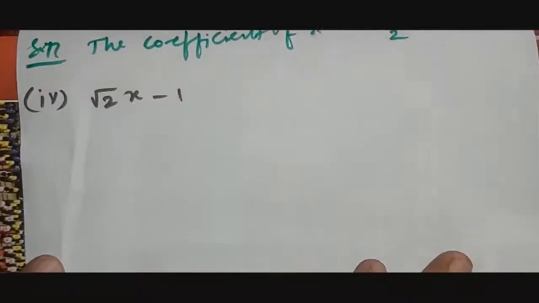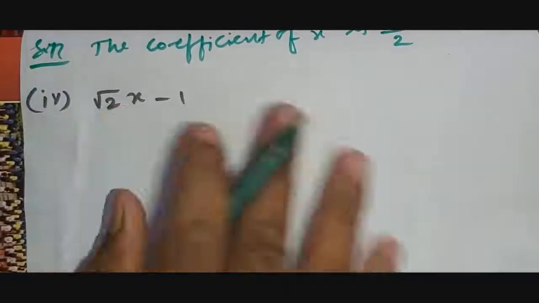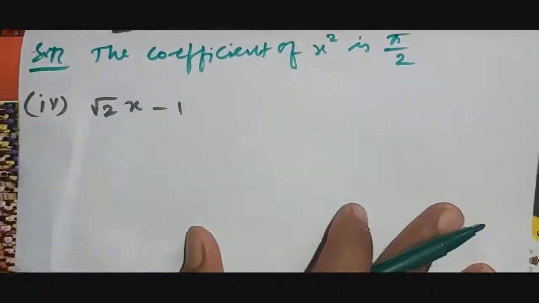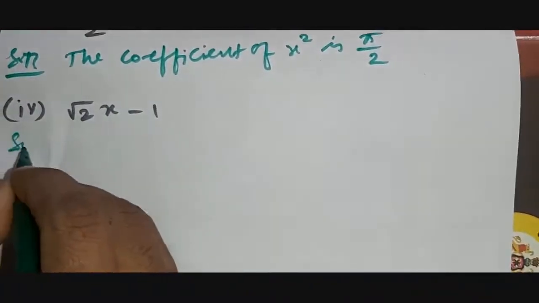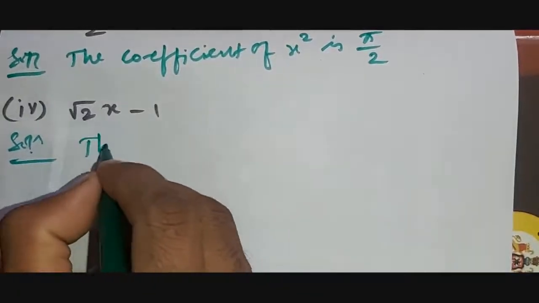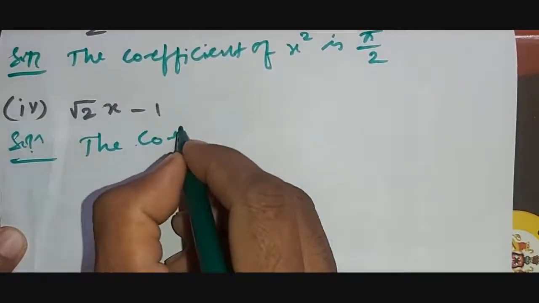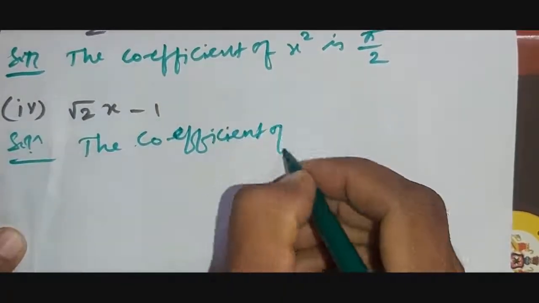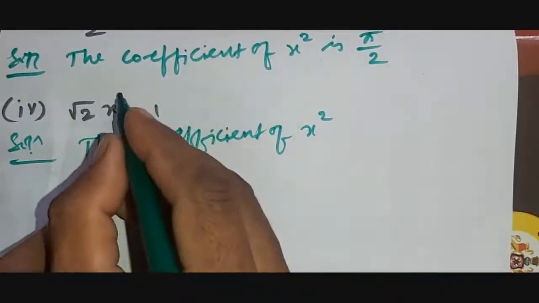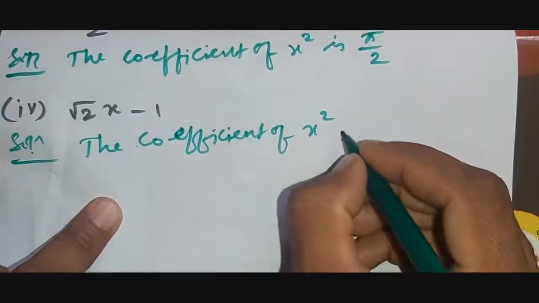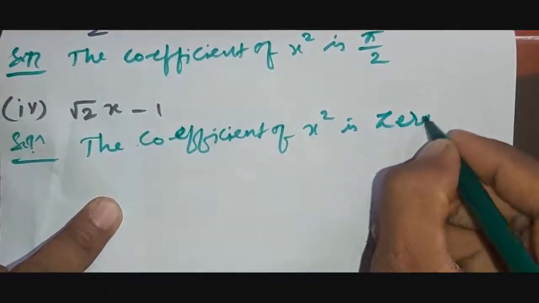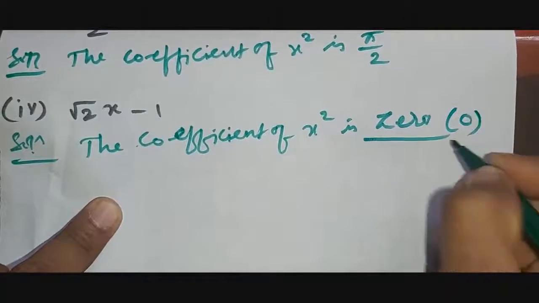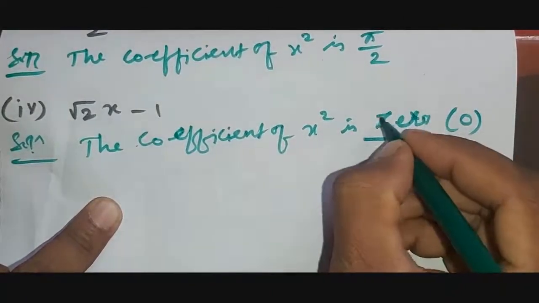Fourth one, solution: the x square term is not there in this, so the coefficient of x square is 0.